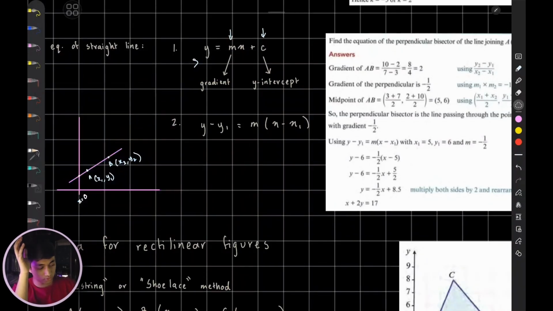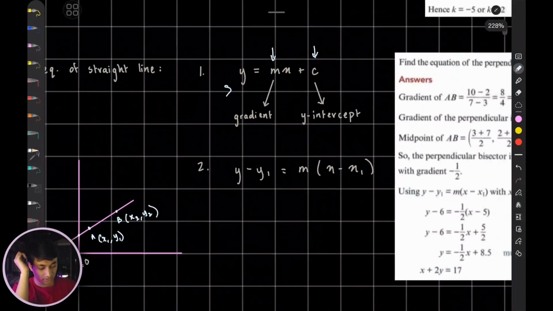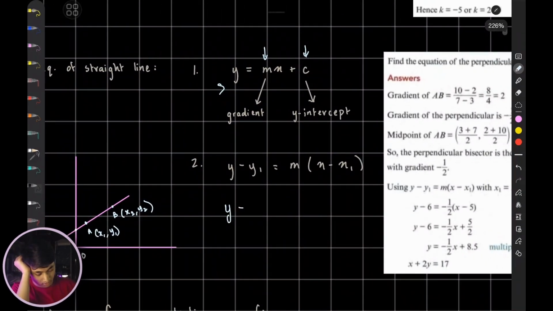You're basically going to say y minus y1, taking any coordinate b or a, any is fine, any coordinate that lies on the line is going to take the place of y1 and x1, right? So take any coordinate, it doesn't matter, a or b, and plug in the y coordinate of it.